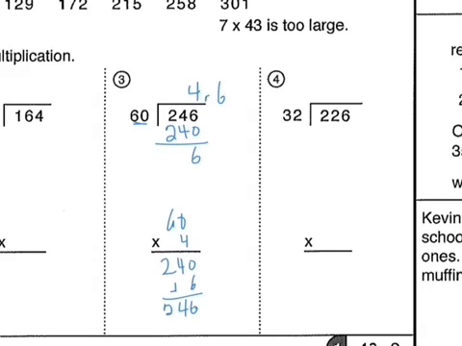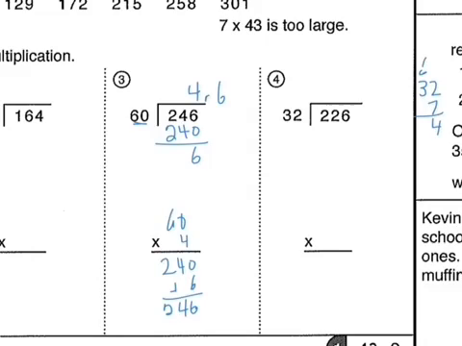246. Alrighty. Number 4, 32 is close to 30. 226, I'm going to be guessing, and you can use the margin of your paper to do this. I'm going to guess that it goes in 7 times, because 30 times 7 would be 210. So 32 times 7, I'm hoping, is going to come pretty close there. 2 times 7 is 14.